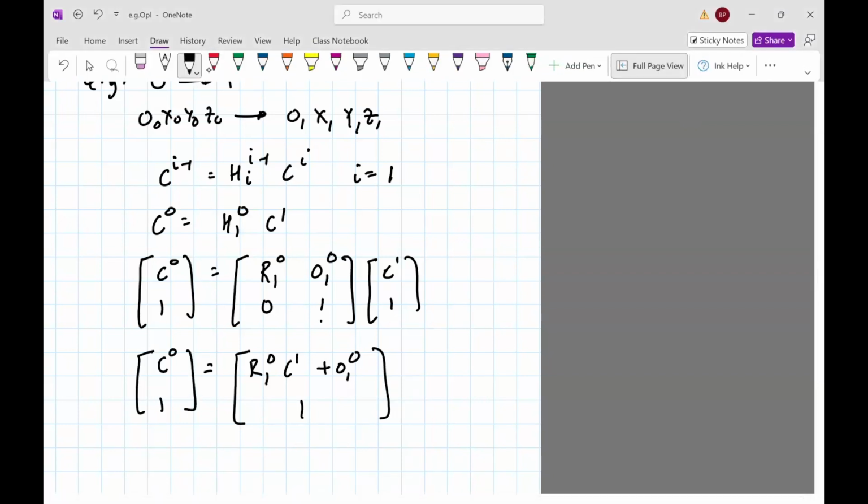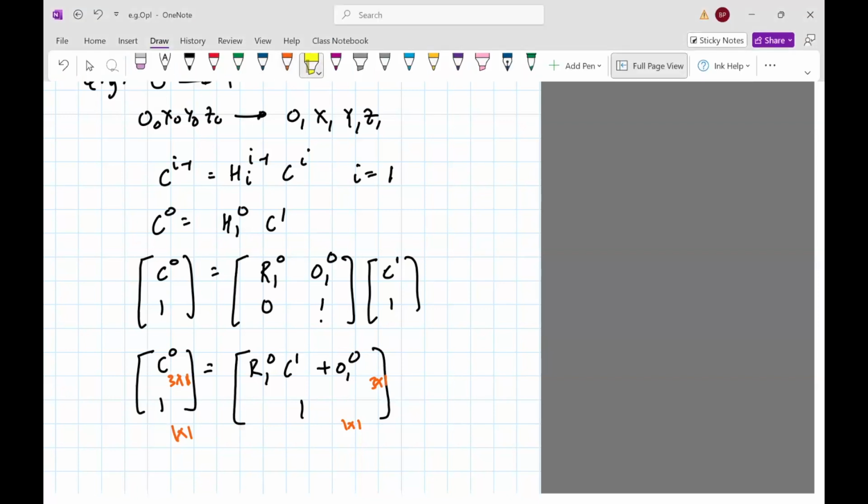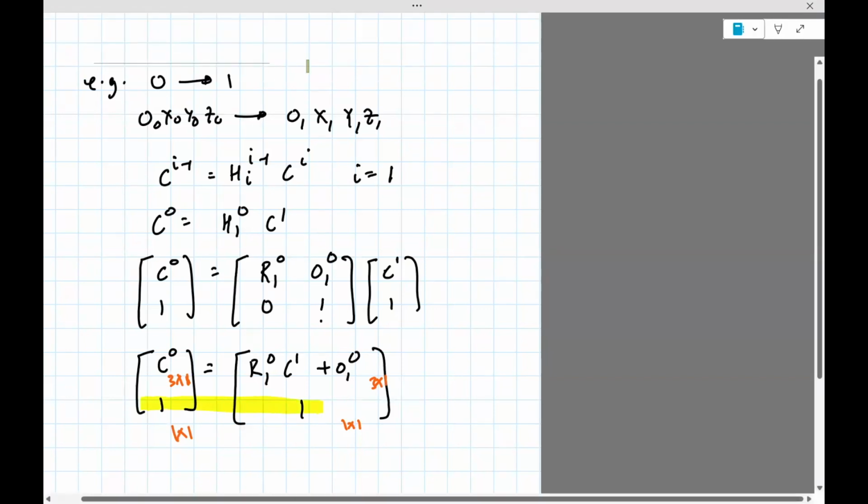There are really 3 lines. The top one is 3 cross 1, and this is 3 cross 1, and this is 1 cross 1. The second line is saying that 1 equals 1, which is no doubt correct. You can ignore that; it just means the multiplication is a placeholder that makes the multiplication make sense with a 4 cross 4 matrix.